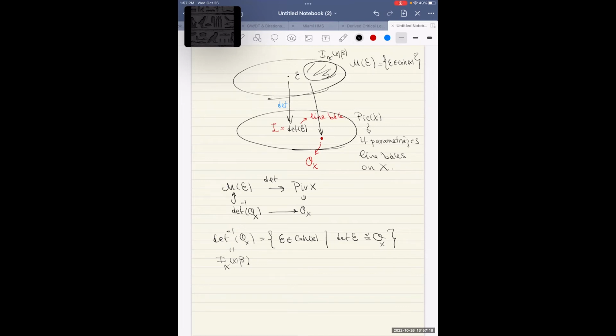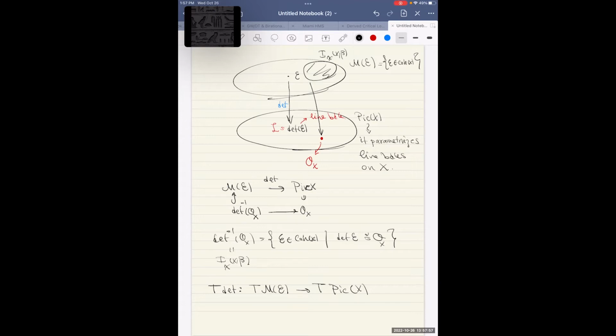Okay, what is the advantage of knowing this fact? The advantage is that not only is there a map between these two moduli spaces, there is also a map between their deformation spaces. So if this map is det, then there is a map I can call tangent of det, which takes me from the tangent space of the moduli space of E to the tangent of the Picard variety of X. All right.